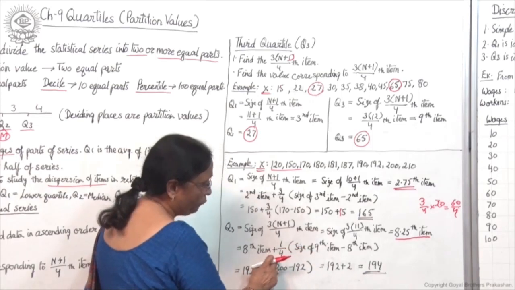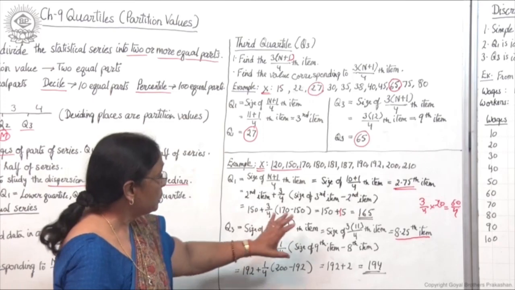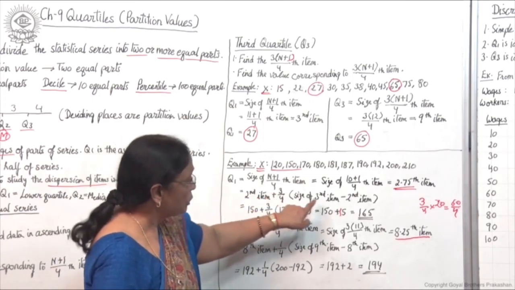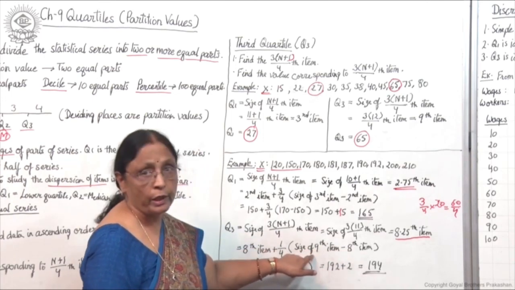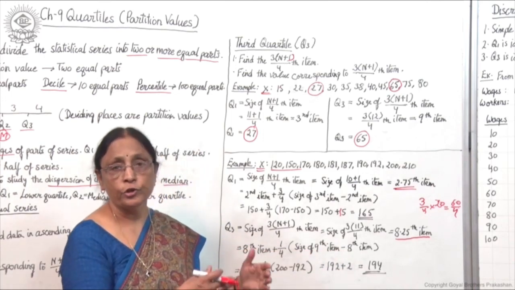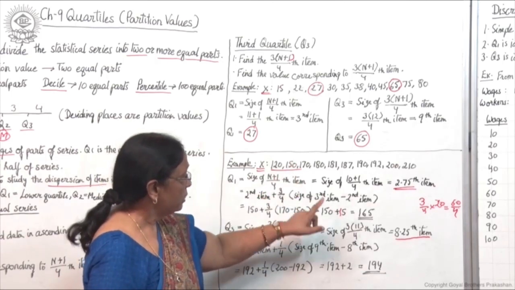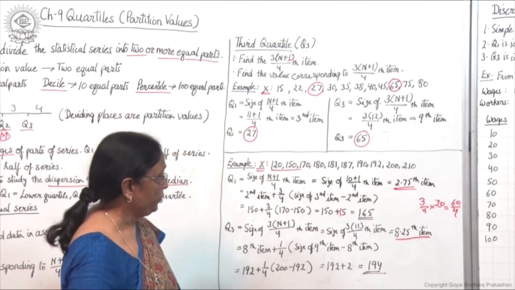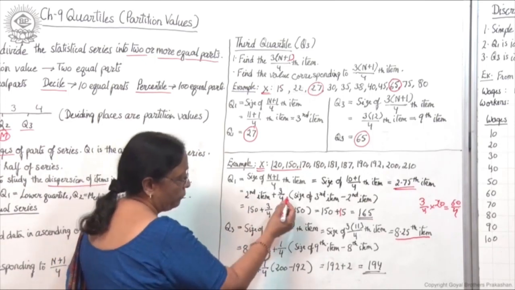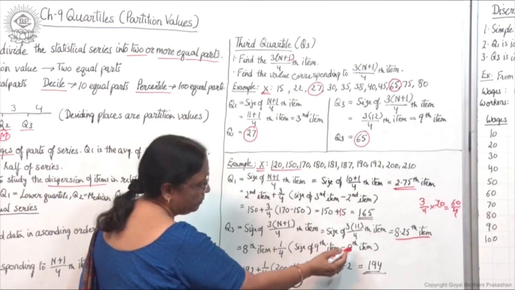In the case of 1/4 it is the 9th item minus the 8th item. Whether it is 3/4 or 1/4, we apply it this way, just because we are not sure which is the mid value. So we just deduct the previous item from the next item, right? So there it was third minus second. Now it is the 9th item minus the 8th item.